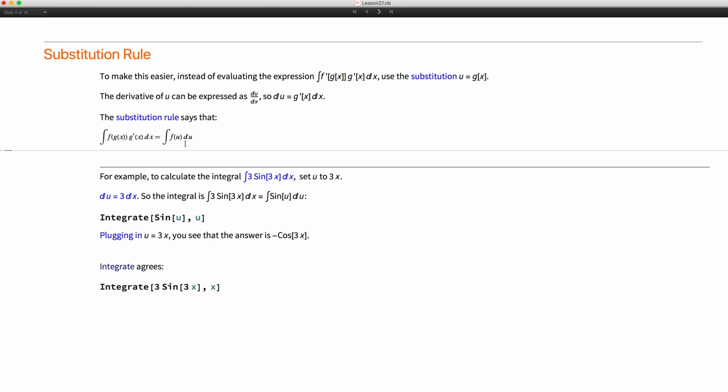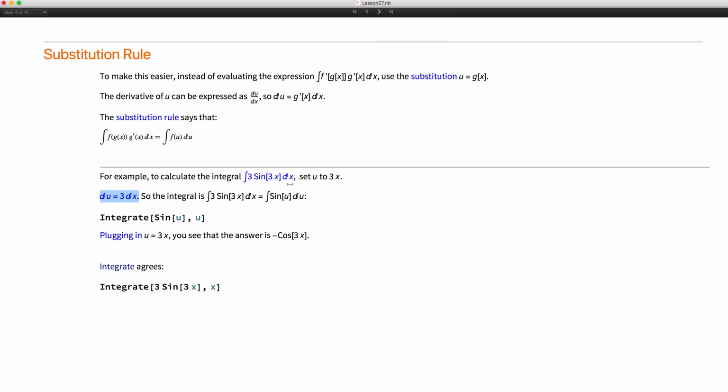For example, if I said find the integral of 3 times sine of 3x dx, then you set u to be 3x. So du is 3 times dx, because that's the derivative of 3x. That 3 over here and the dx over there combine, and you get sine of u du.